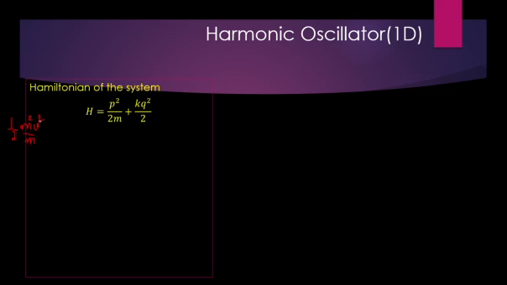Now you can see mv is momentum p. So it is p square divided by 2m. That is what we have written here as kinetic energy.